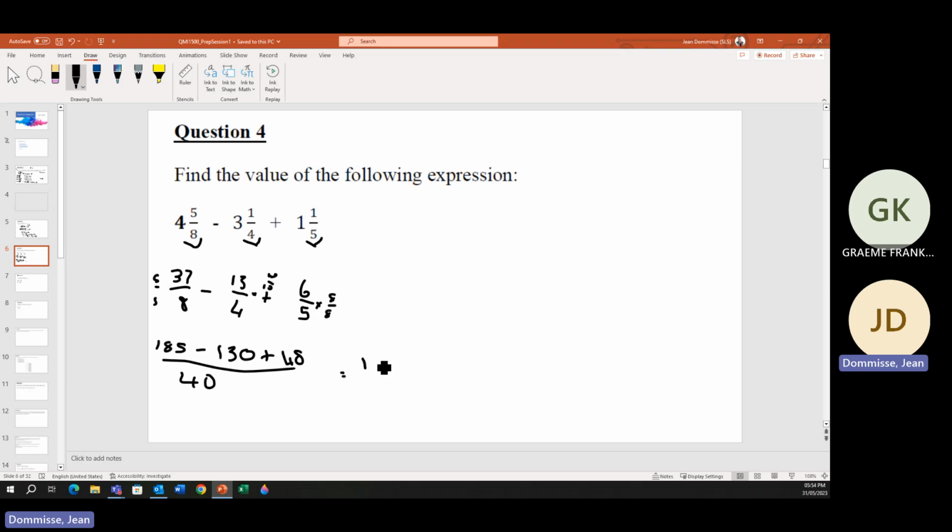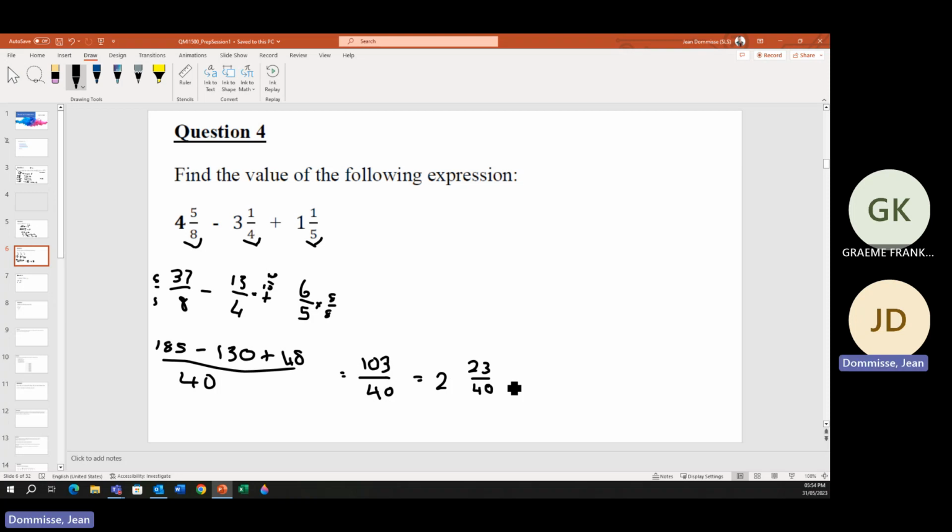So 103 over 40. So that is 2 that we can take out. 2 times 40 is 80. 103 minus 80 is 23 divided by 40.